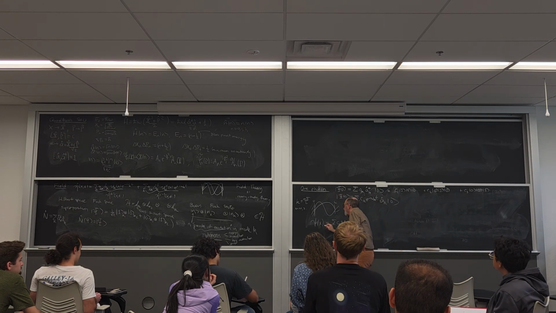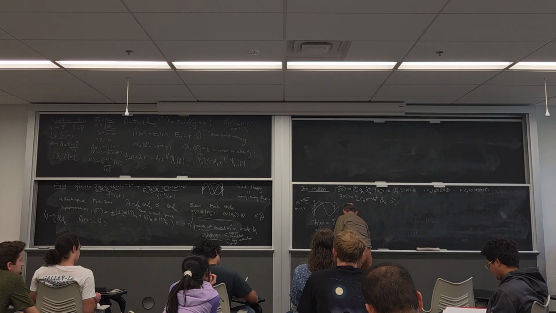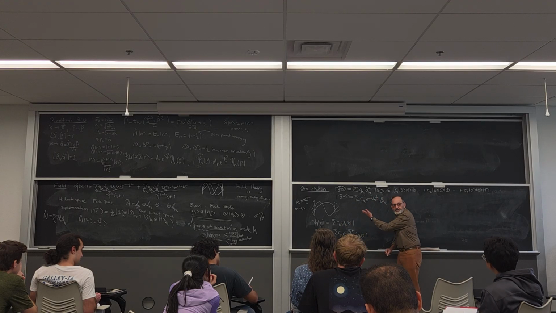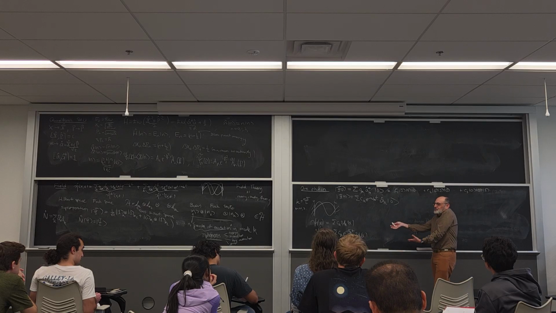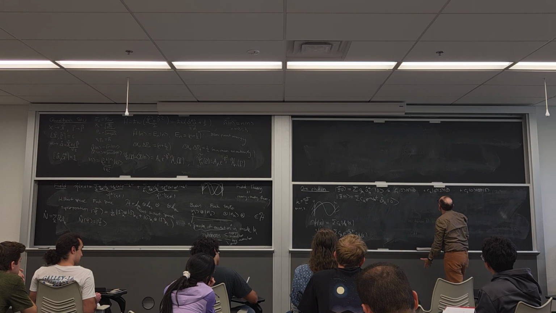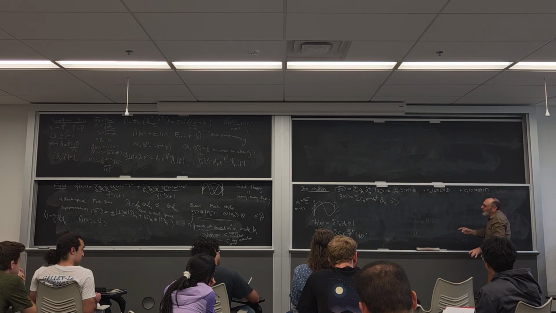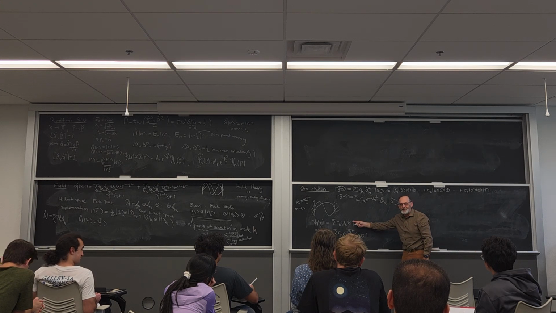And if this was the state at some initial time, then the state at a later time is that, right? That's the solution to the Schrodinger equation. This description that we have is exactly the same thing, where each of these Fock states corresponds to a different one particle normal mode, okay?